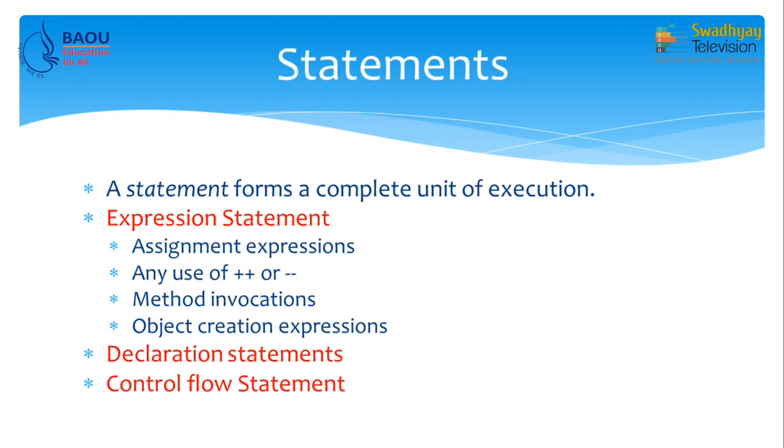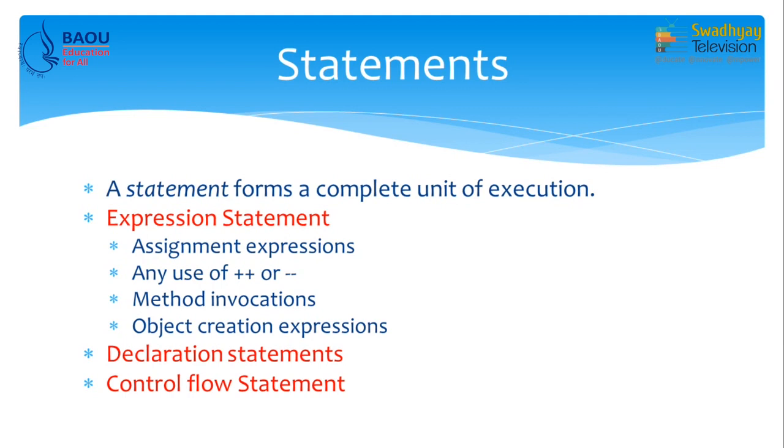Now, what is a statement? A statement forms a complete unit of execution. We can classify statements into different types. For example, expression statements, which might be an assignment expression or any use of the increment or decrement operator, a method invocation such as Math.sqrt, and an object creation expression that we will discuss later on.